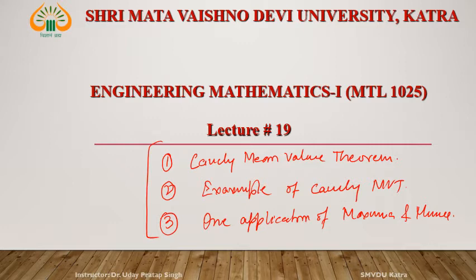But before going to the Cauchy mean value theorem, before our mid-semester examination, we already studied Rolle's mean value theorem and Lagrange's mean value theorem. What does Rolle's mean value theorem state?